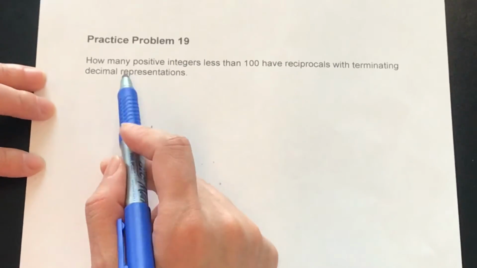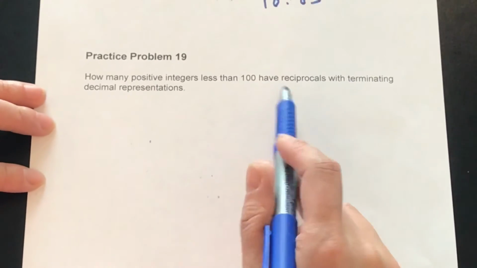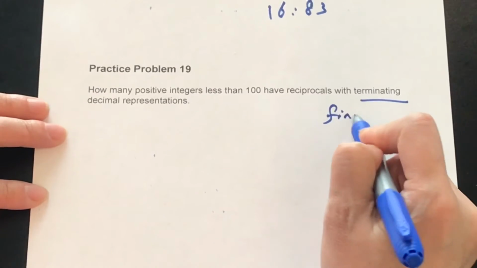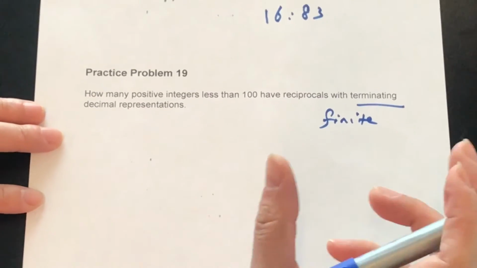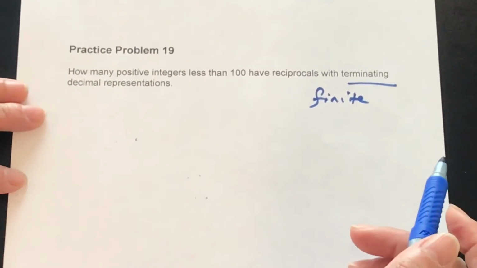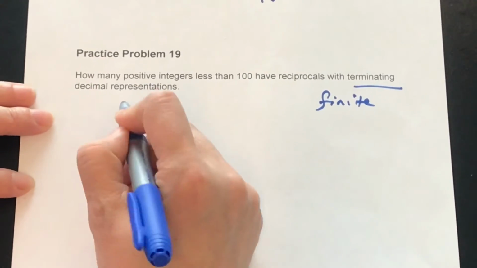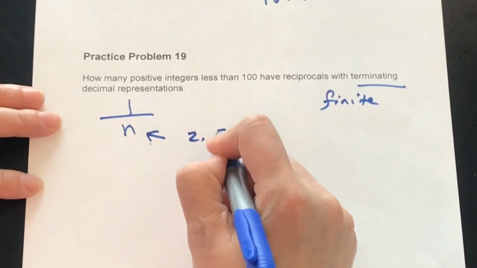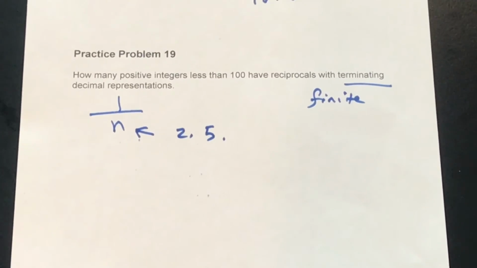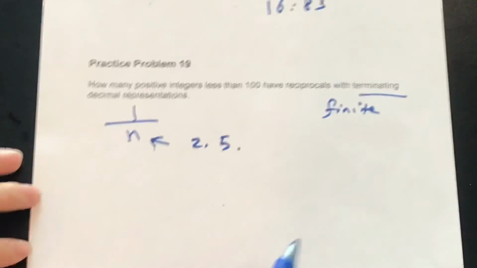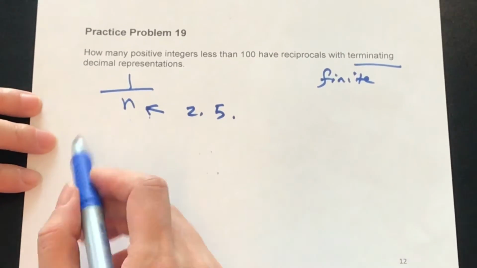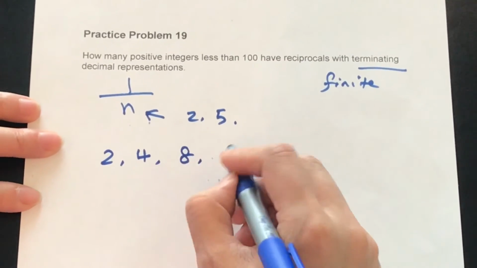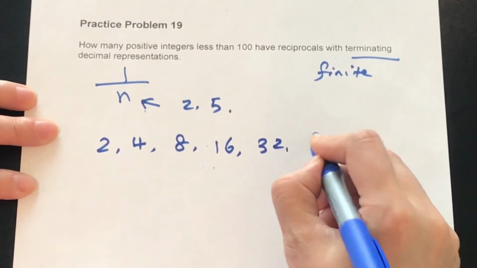Problem 19. How many positive integers less than 100 have reciprocals with terminating, that means finite, number of digits after the decimal place? So as we said, the denominator can only have 2 or 5 in their prime factorization. So let's see, less than 100. So we would be able to have 2, 4, 8, 16, 32, 64.